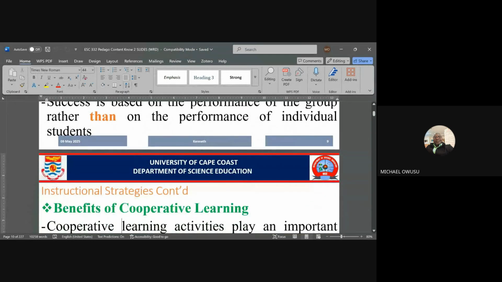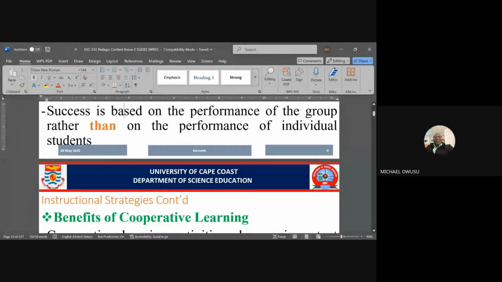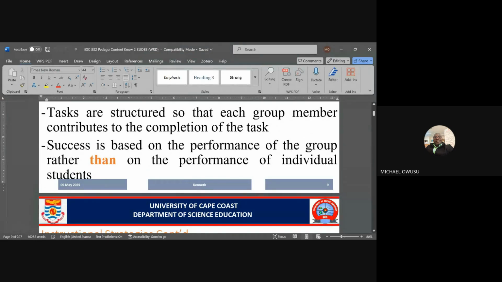So if at the end of the day, after the work, they are scoring out of 10, and the group scores 5, that 5 is not a 5 for the individuals, but for the entire group. So if you get 5, the entire group gets 5. That's why we say the success of the task is based on the performance of the entire group rather than the performance of individual students.